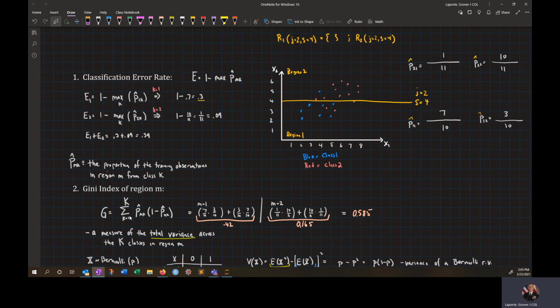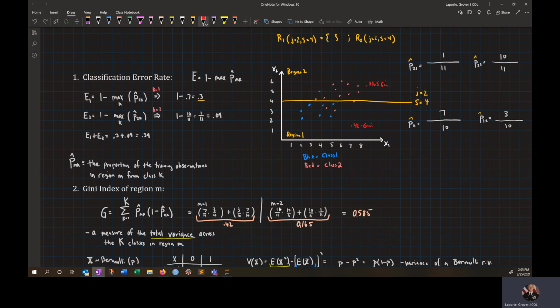Then it's a summation sign, you go to the next one and you get 3/10 and 7/10, and that would be 0.42. So there would be 0.42 Gini. And this side would be 0.0165 Gini.